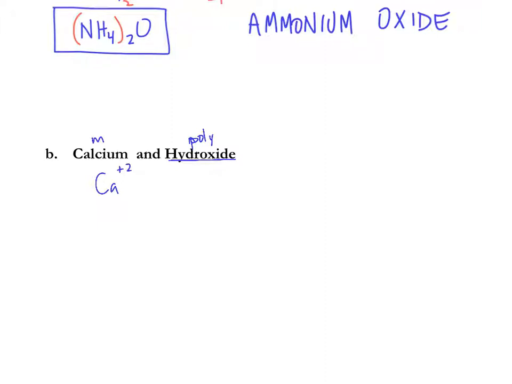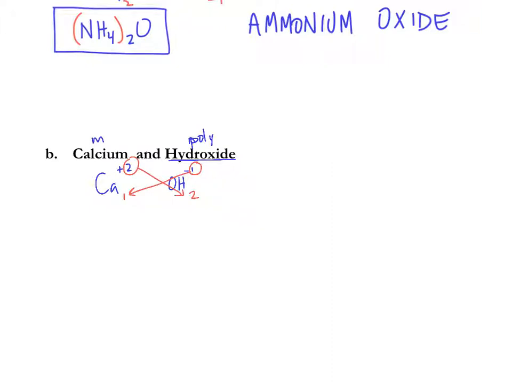Find hydroxide on your polyatomic ion list. Okay, it's in alphabetical order down with the H's. It's written OH. It's a hydrogen and an oxygen bonded together with a negative charge. So now I'm going to crisscross. I'm going to take the 1 and transfer it down here to calcium, and the 2 for calcium comes down here to hydroxide. Just like that.